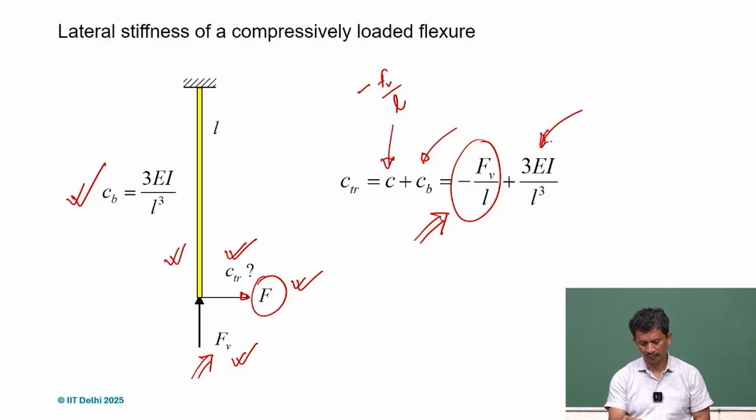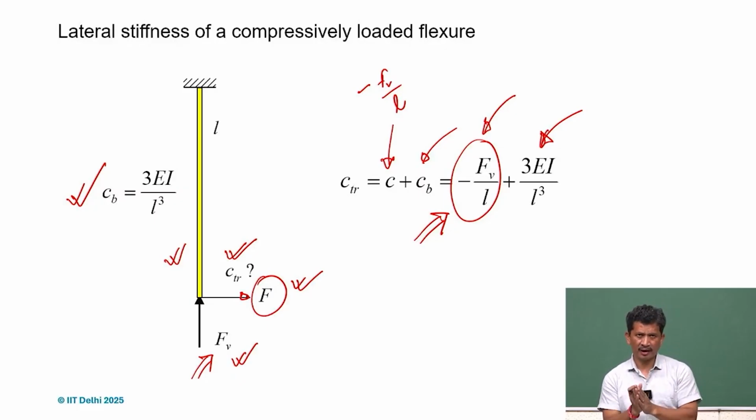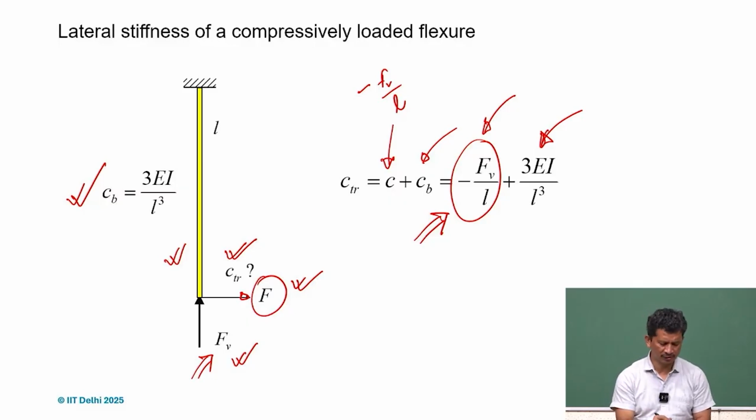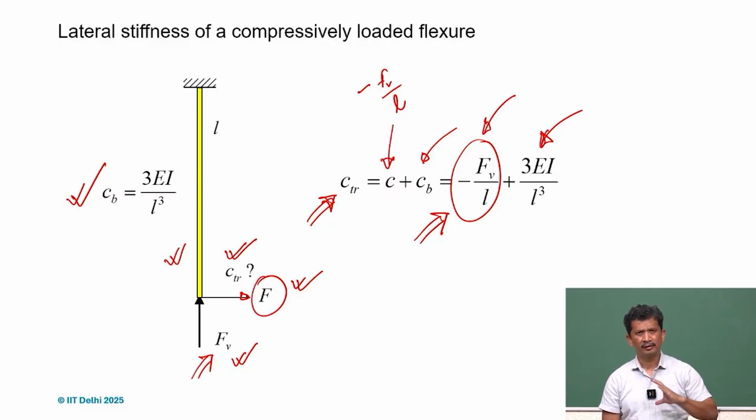There is a positive stiffness because of the bending, and there is a negative stiffness because of the nature of the force, the preloading in the negative direction. If we preload, we get negative stiffness, and because of the bending we get the positive stiffness, and if we fine tune, we can get a near zero stiffness. So this CTR, the total stiffness of this member, is a function of Fv as well.